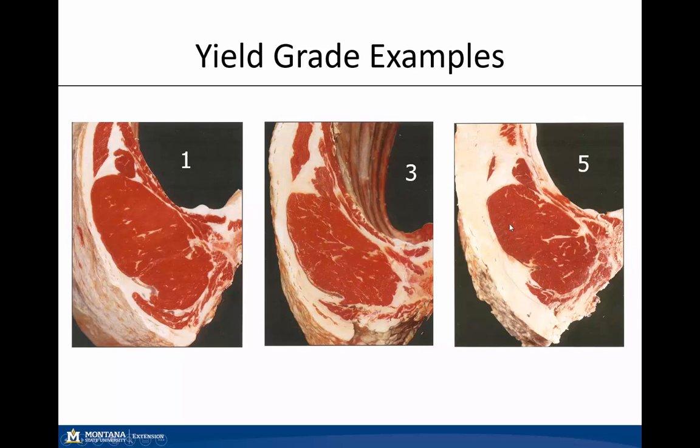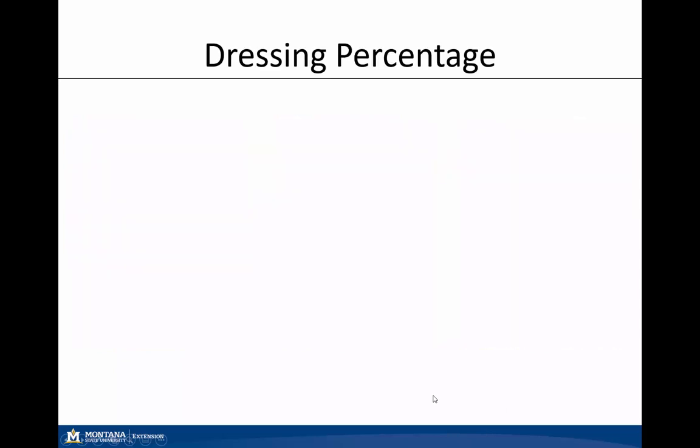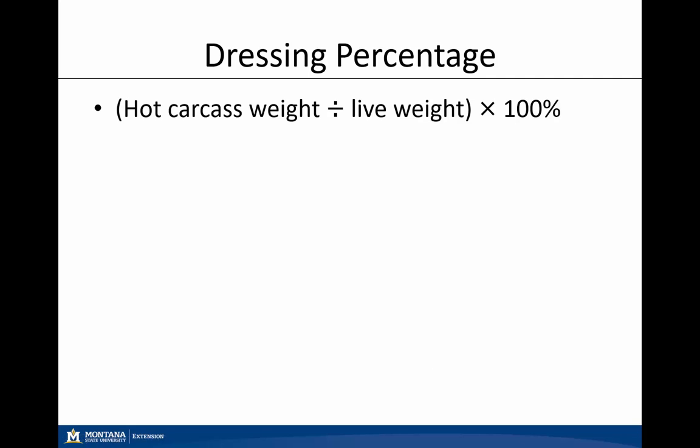So in a pinch, we can use back fat as a single measurement to estimate our yield grade. Now, another calculation we can do is dressing percentage, which is just hot carcass weight divided by live weight times 100%.